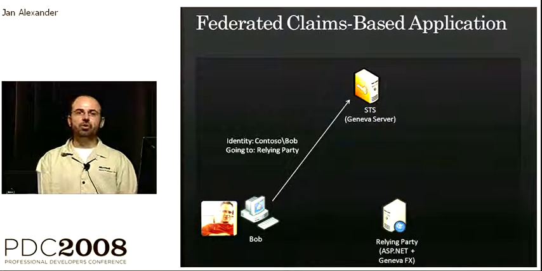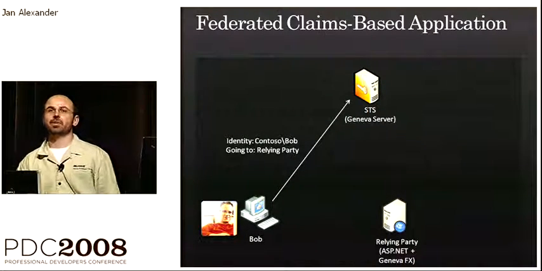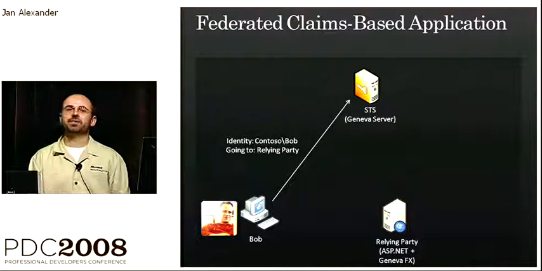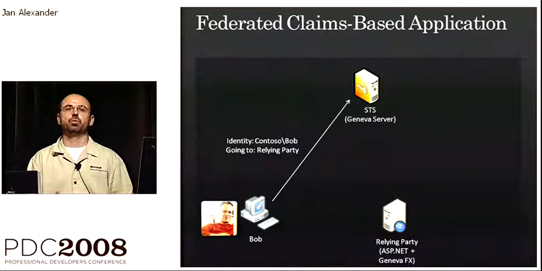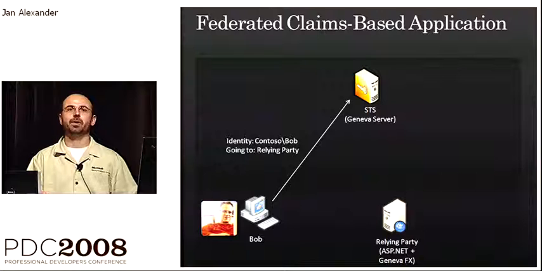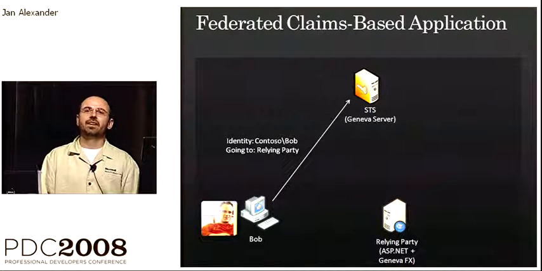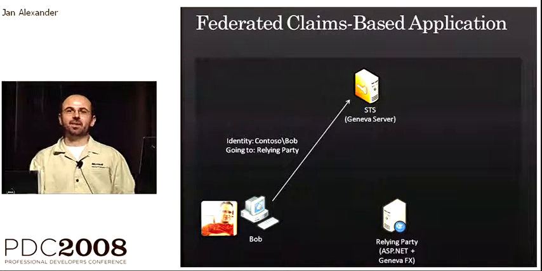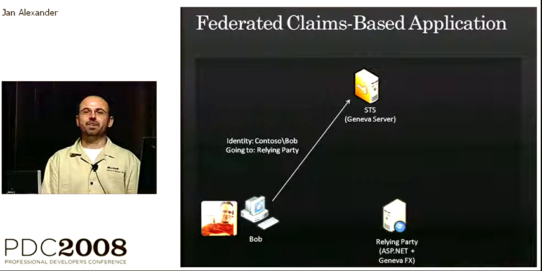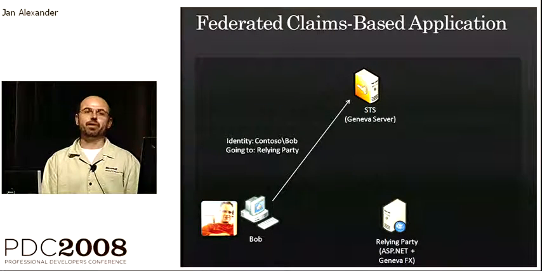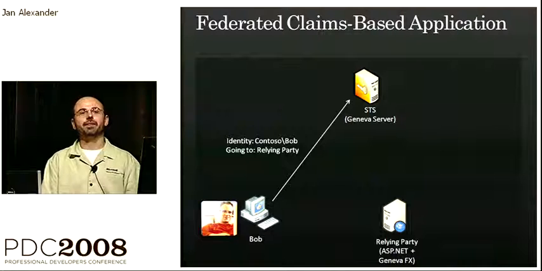The scenario is as follows. The relying party has 2 pages. One page is accessible to anybody. It's the default landing page. Everybody can see it. There's nothing really there. And then there is another, secret page, and only certain individuals can see that page. So there is some authorization logic in the relying party.